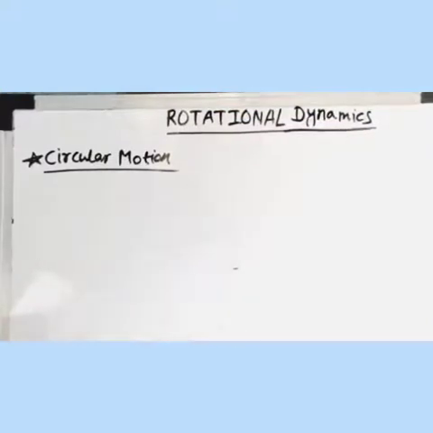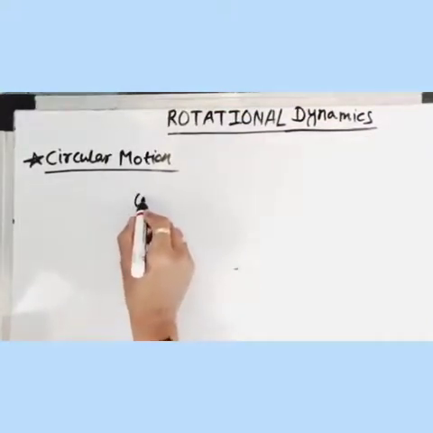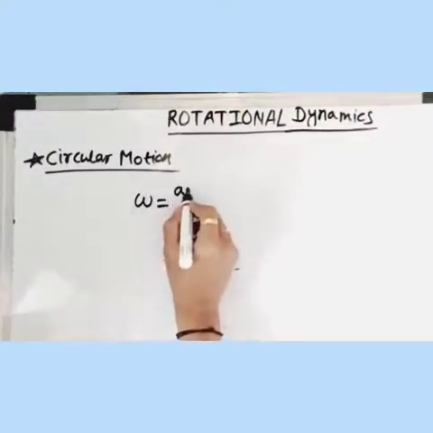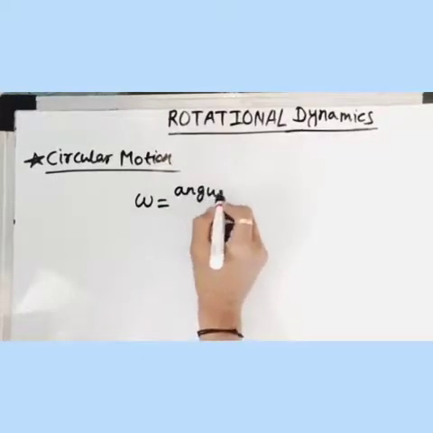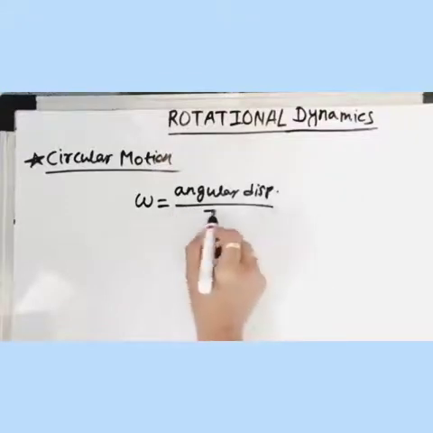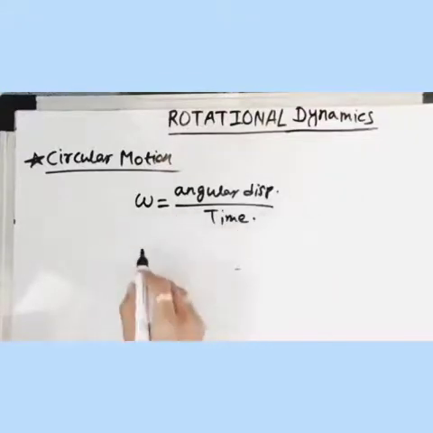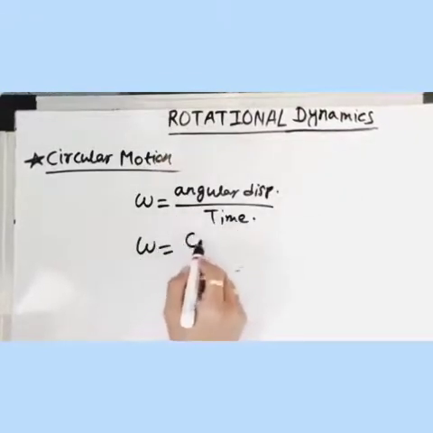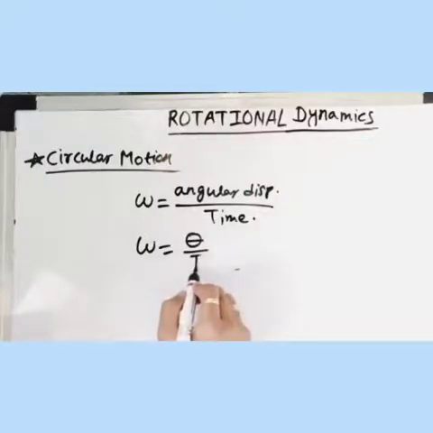In circular motion, as we have discussed, angular velocity omega is equal to angular displacement upon time. That is omega is equal to theta upon t.